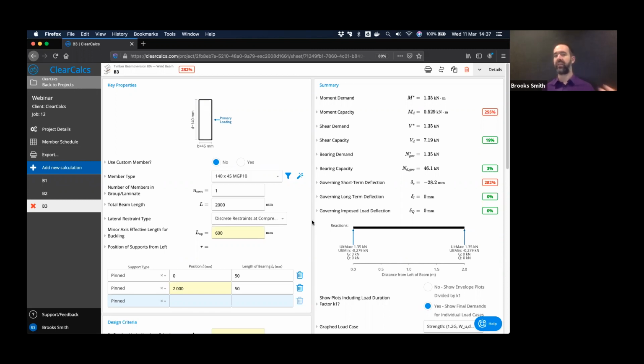So in those cases, we unfortunately can't do the calculation for you. Those manufacturers say that you should contact them directly if you're doing a minor axis design. But you can always do a wind beam design for any MGP, F, glulam, or A grade. And that's fully 100% supported within our platform.